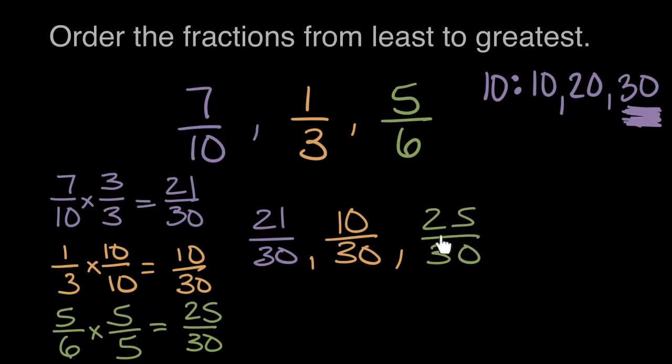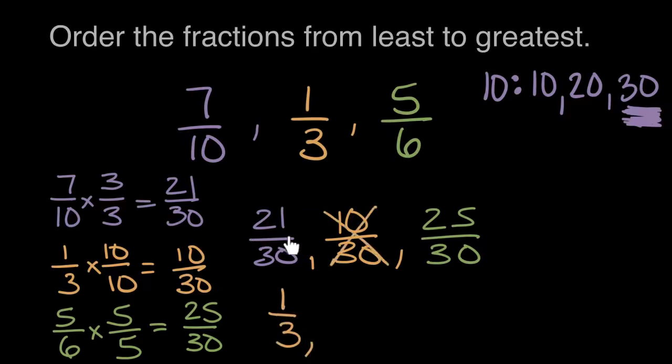But then the trickier one over here, now we can see much more clearly 25 out of 30 is the greatest portion of the group. 25 is more than the 10 or the 21. So we can list these now from least to greatest. The least, the smallest, is 10/30ths, which again, remember, is equal to 1/3. So we can put 1/3 is least, and we can cross that off.